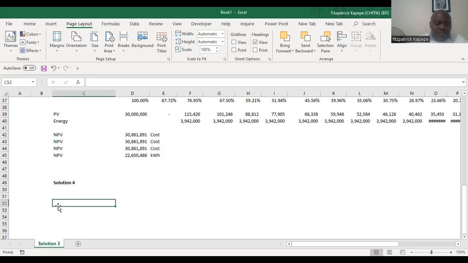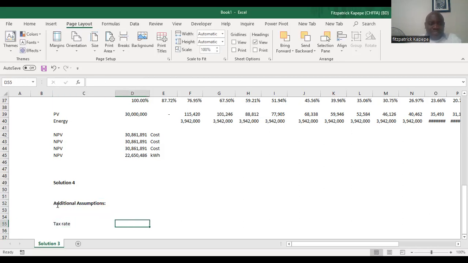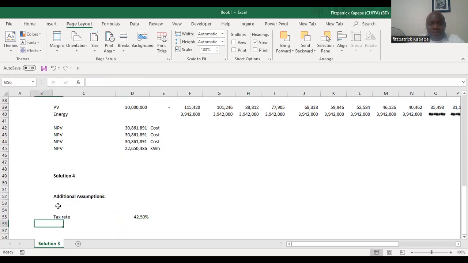So we'll say additional assumptions. So tax rate, 42.5%. What else?